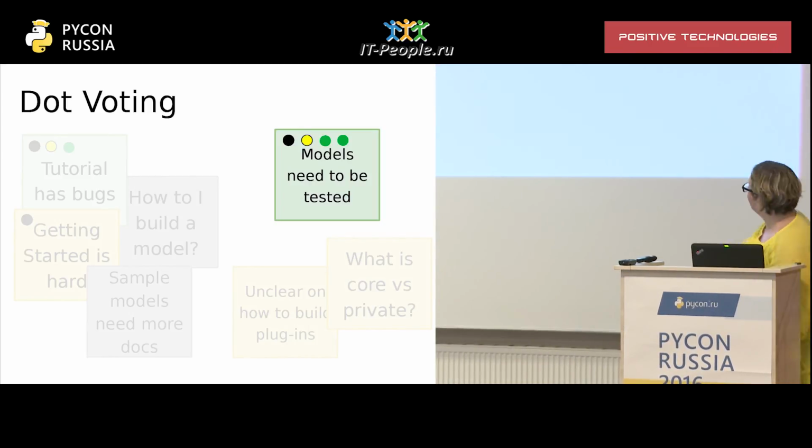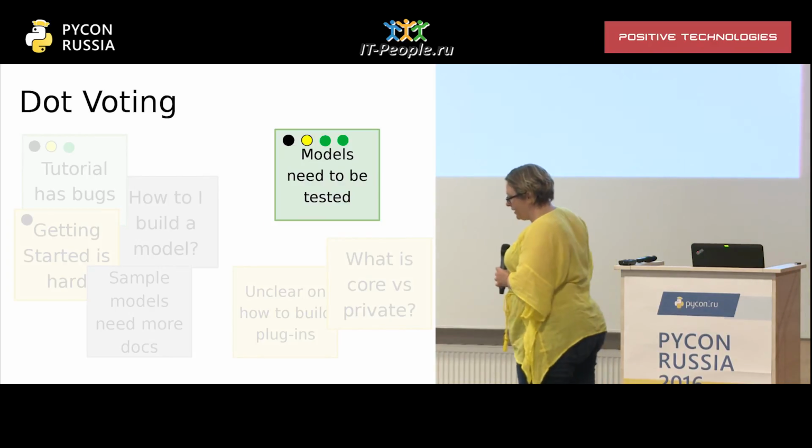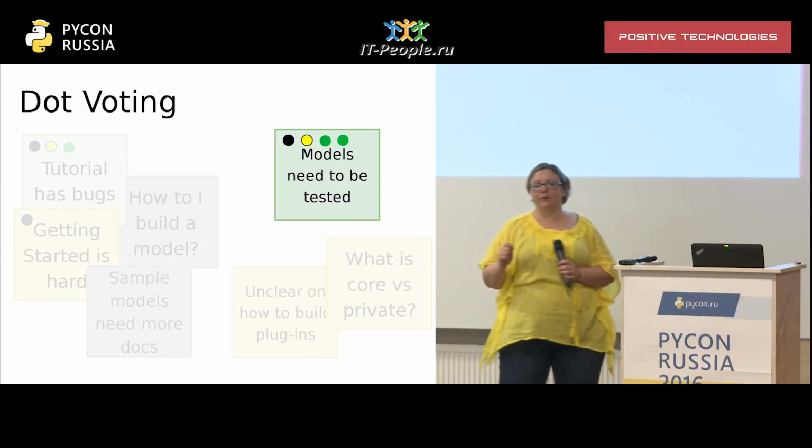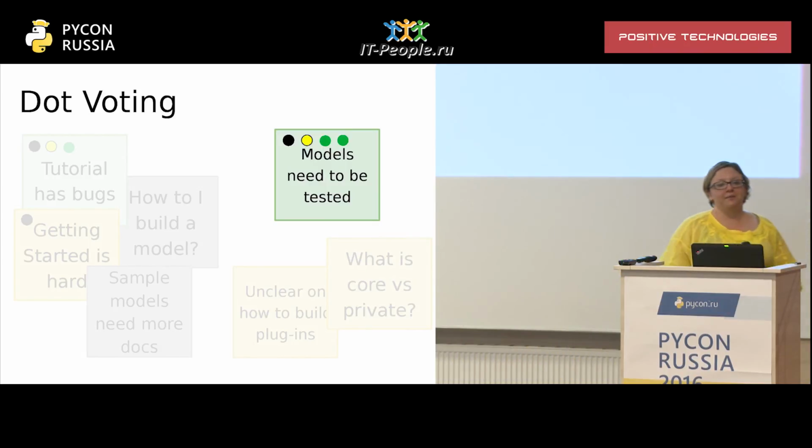But more importantly, there was this one note out here by itself where one person said, this is a huge problem, it needs to be addressed, and then everyone else said, oh yeah, I didn't think about that, but I want to put my support behind that. We need to write more tests for our models.